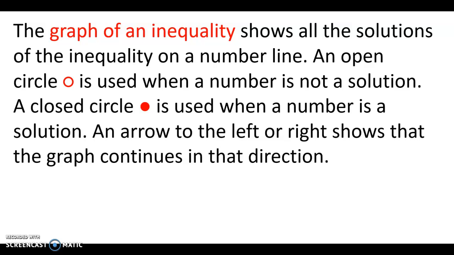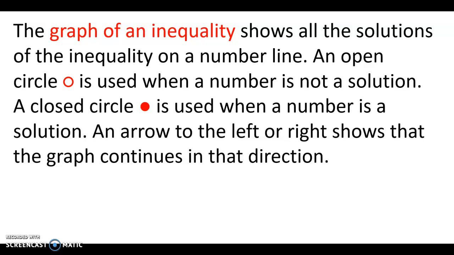All right, welcome to Homework 407, Chapter 4.4, page 148, Writing and Graphing Day 2 for Inequalities. So open that up to your packet, and on this page it says the graph of an inequality shows all of the solutions of the inequality on a number line.